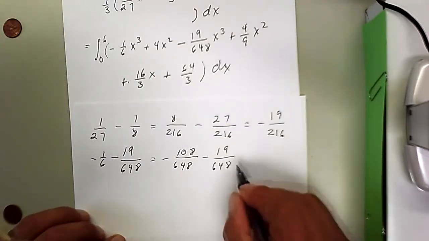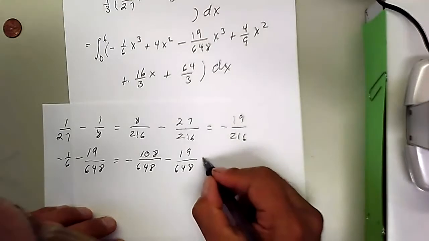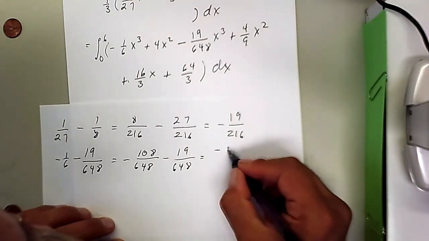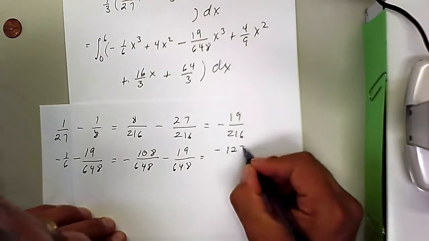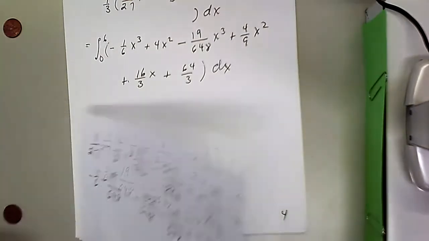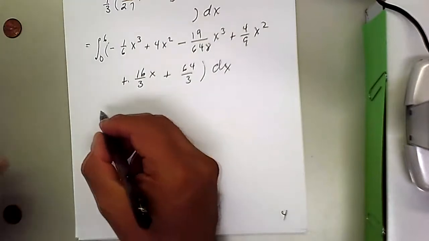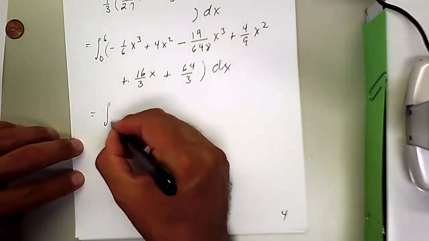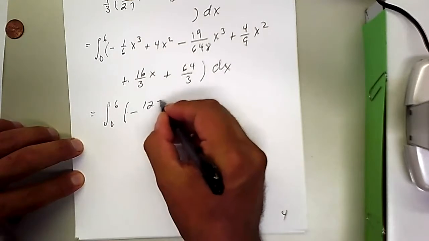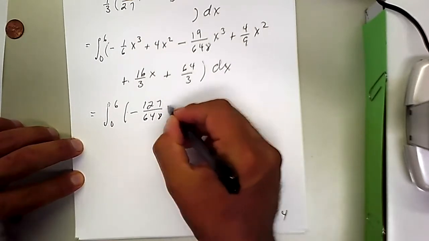So now we have the same common denominator, and that's going to give us negative 127, which is a prime number, over 648. Okay, so this integral is equal to negative 127 over 648 x cubed.